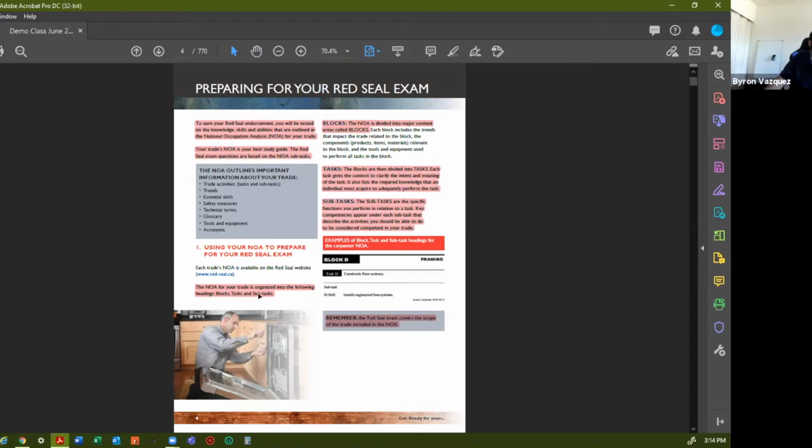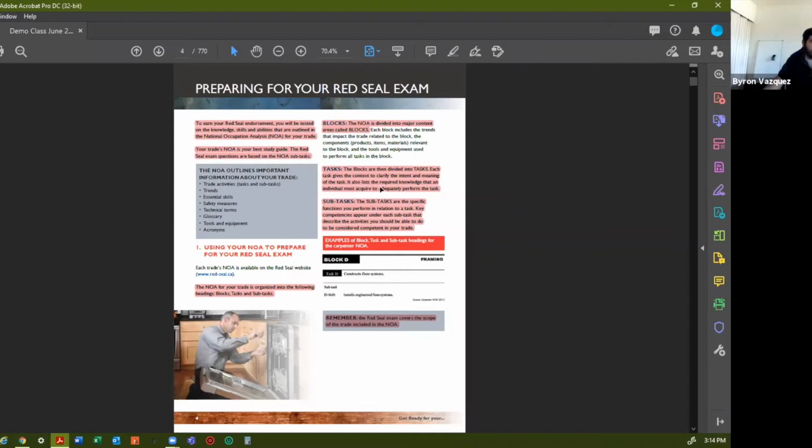The NOA for your trade is organized into the following headings: blocks, tasks, and subtasks. Here are some descriptions. The NOA is divided into major content areas called blocks. The blocks are then divided into tasks. Each task gives the content to clarify the intent and meaning of the task.